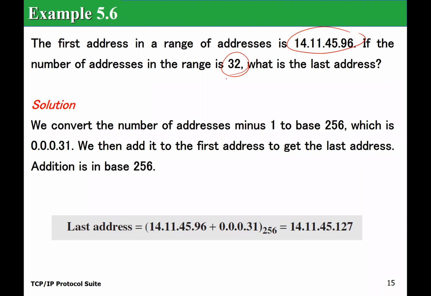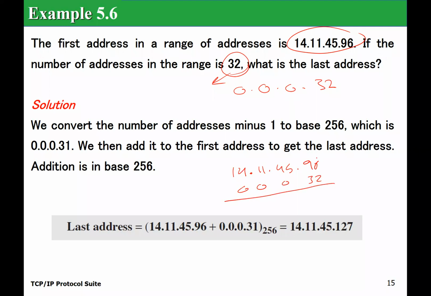Easy. First of all, let's represent the 32 in decimal notation, which is 0.0.0.32. Perfect. Then we add them together: 14.11.45.96 plus 0.0.0.32.